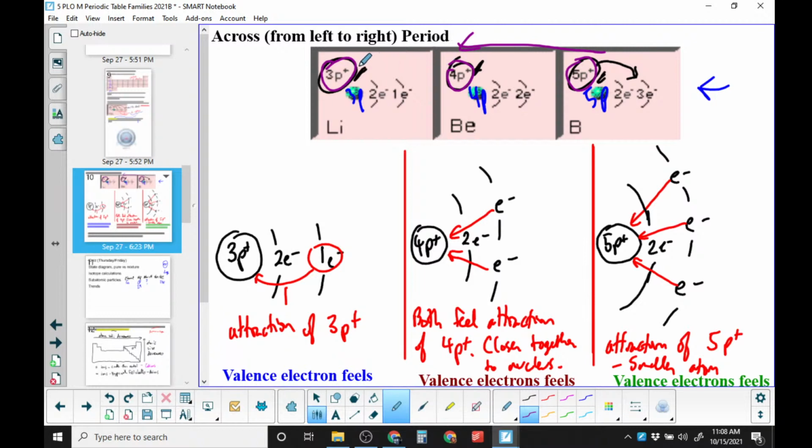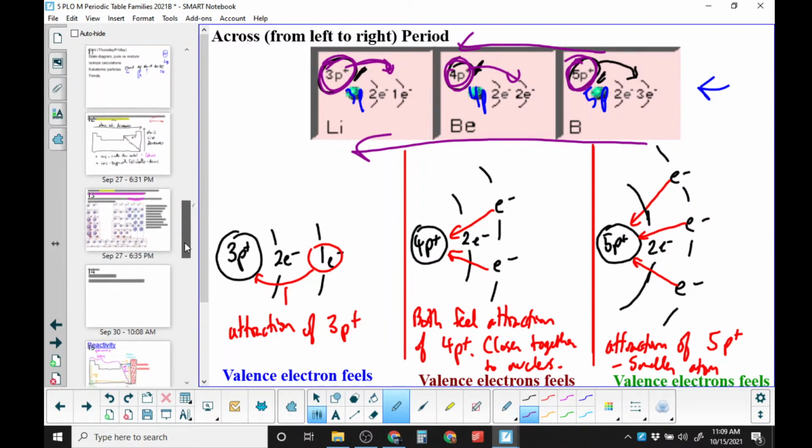So what is happening to the force on the electrons as you go this way, if you're decreasing the amount of positive charge? What is happening to the attraction to the outermost electrons as you decrease it? It's getting weaker.